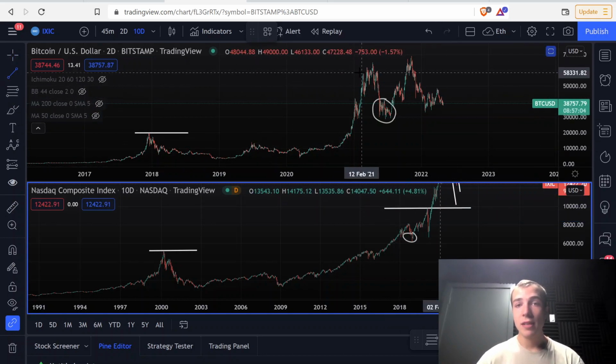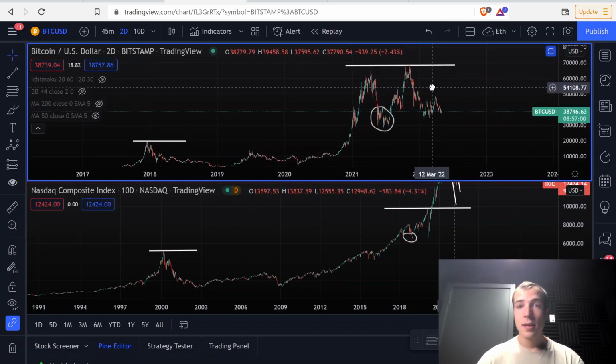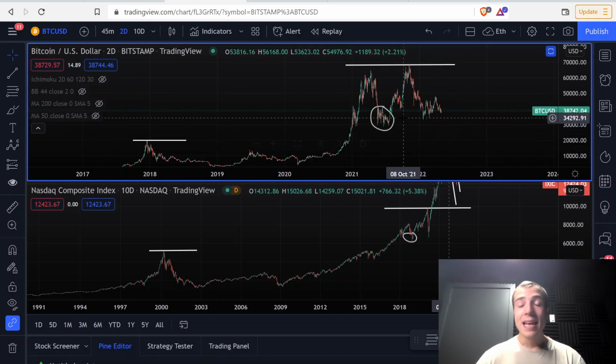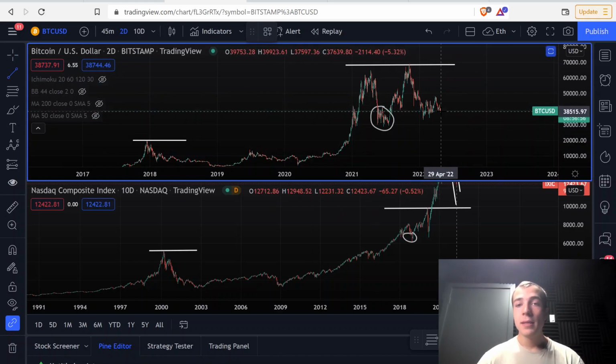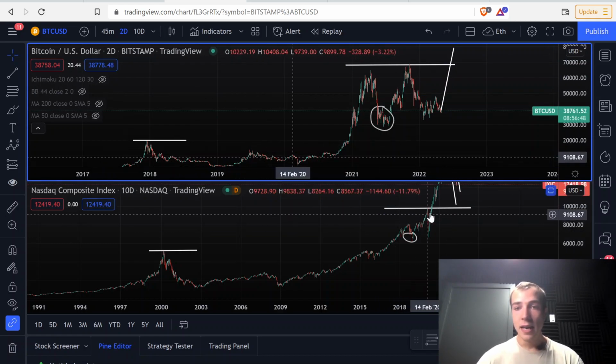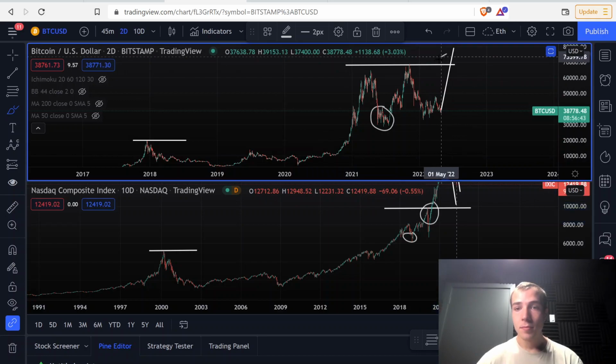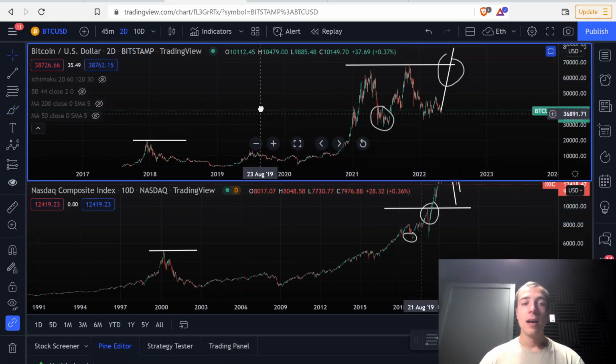Bitcoin's resistance level is at 69,000 basically per coin. So we're at 38,000 right now. As the human psychology repeats, we should see this market climbing up to 69,000, 70,000, and breaking resistance in the same way that the NASDAQ did right here. So that's exciting, you guys.